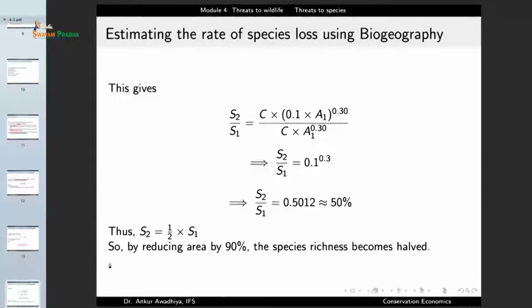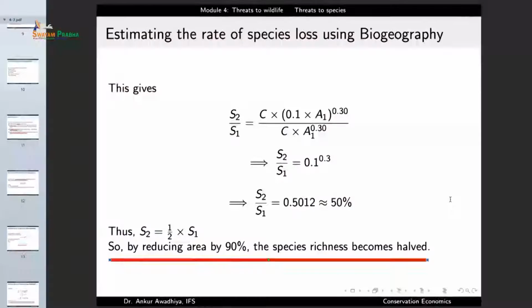So which is telling us that even when the area has been reduced by 90%, the species richness has only become half, which means that out of the complete area of the island, you have removed the 90%, only 10% remains. But even in this 10%, 50% of the species that were earlier there in the island, they will find a representation. Only some species that have larger home range requirements, they would be extinct.